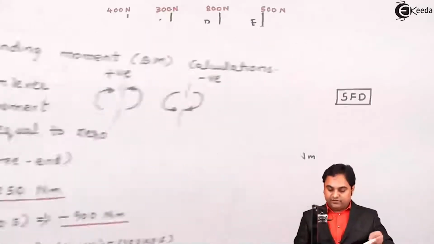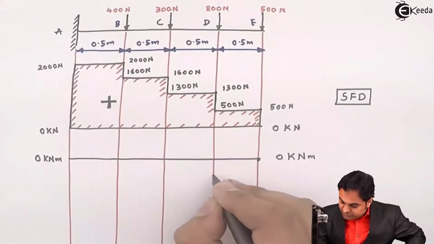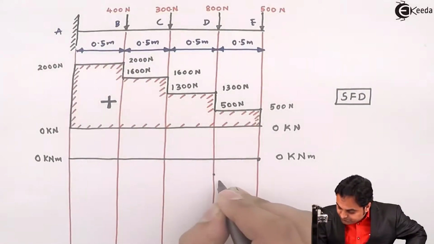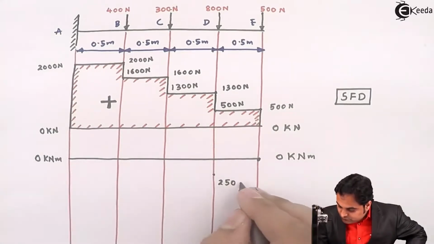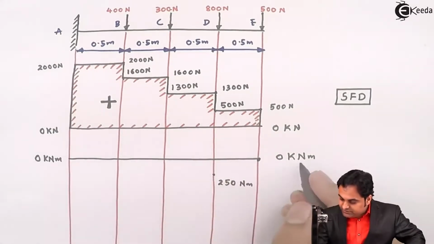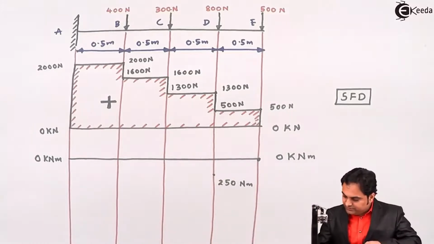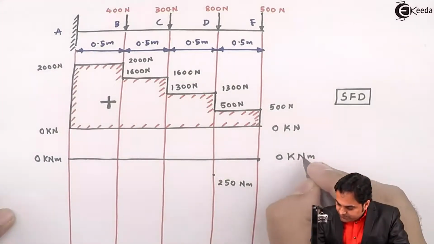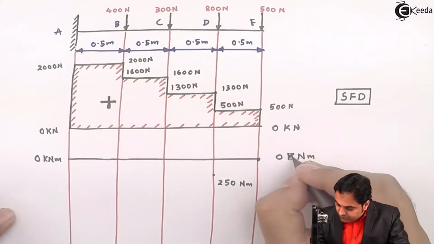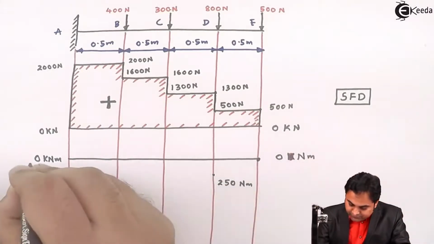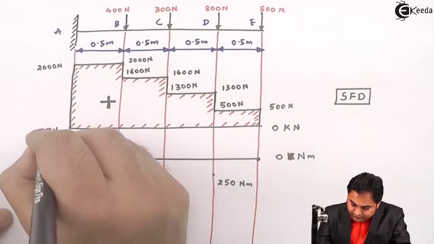So minus 250 means it will be below this line. Newton meter. Actually, these loads, these moments, they are in form of Newton. So this is not in terms of kilonewton. Actually, it is Newton.